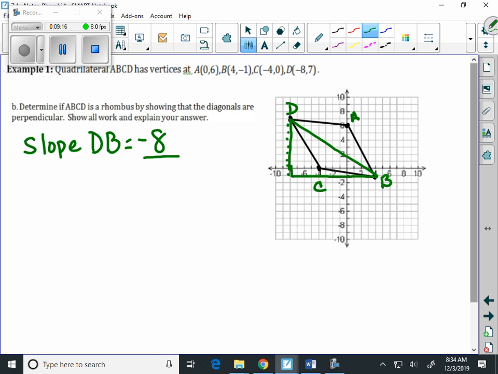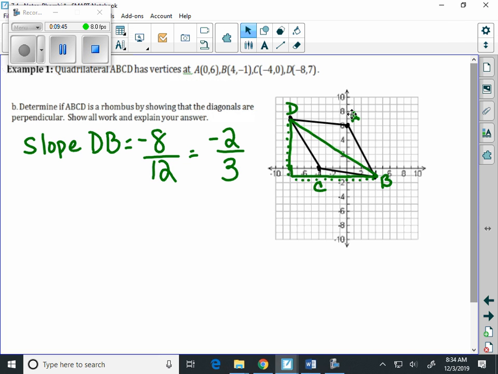We went down 8. And then we went to the right 1, 2, 3, 4, 5, 6, 7, 8, 9, 10, 11, 12. And remember, we're better off simplifying these, and if you need to, type it into your calculator, type it into decimals. The negative 8/12 divided by 4 is negative 2, divided by 4 is 3.